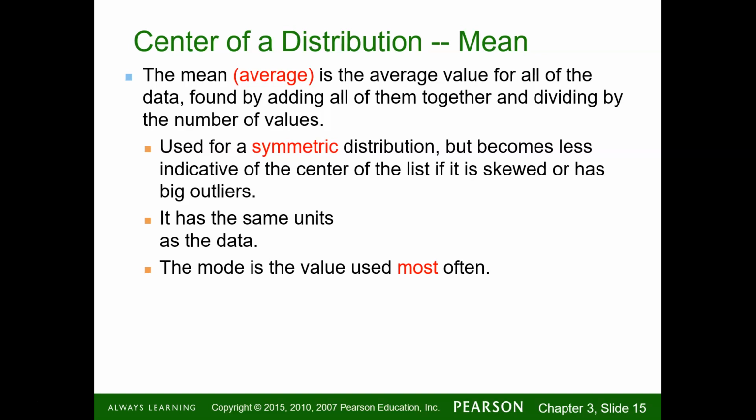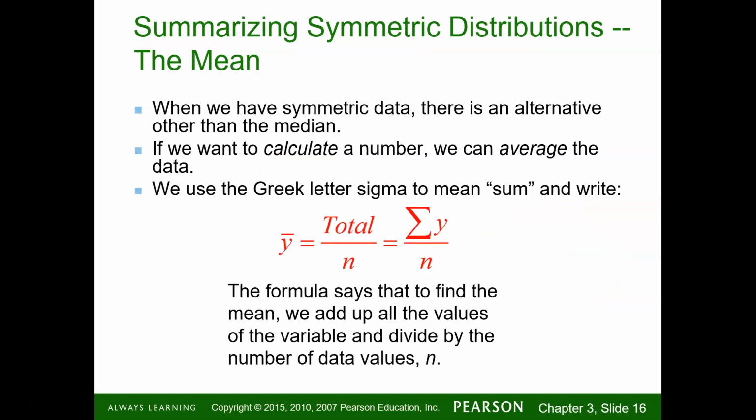Now the mode is the value that's found most often in the data. What if we had this data: 1, 2, 2, 3, 4? What would the mode be? The mode would be 2 because it happens twice. Mode equals 2. And that's called the mode.